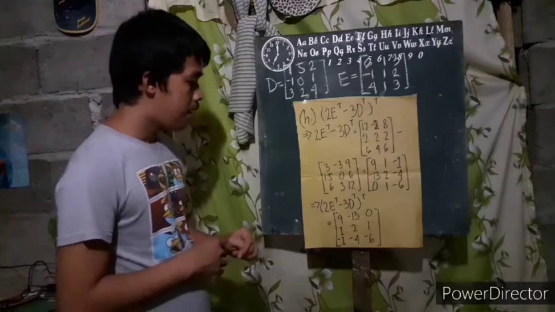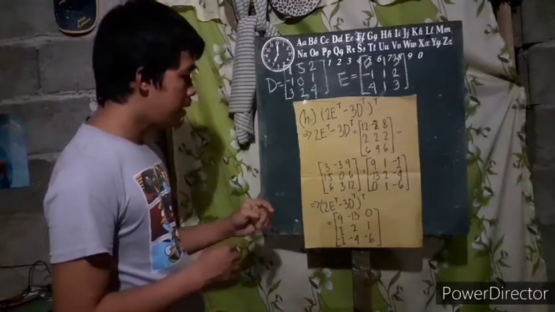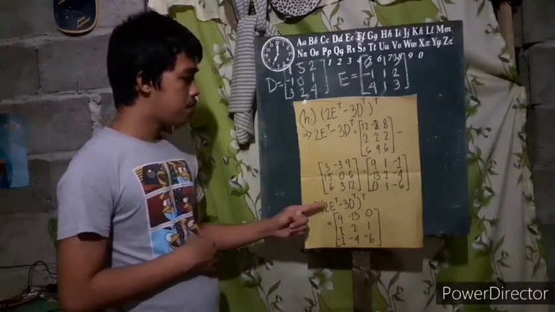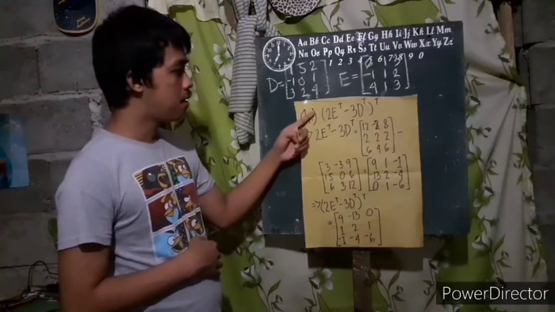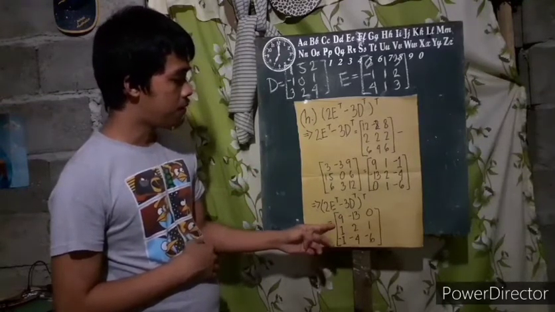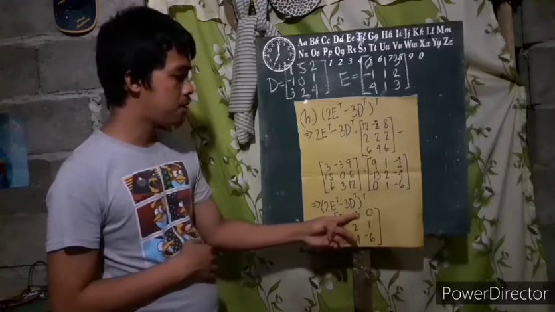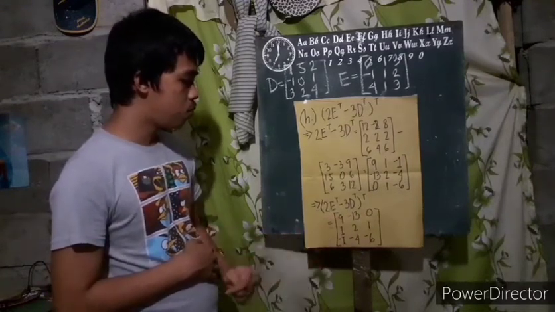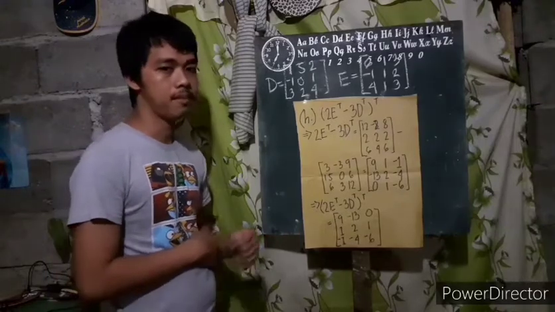Then we can now easily get the transpose of this given expression. So here is the transpose of the given expression: 9, negative 13, 0, 1, 2, 1, negative 1, negative 4, and negative 6.